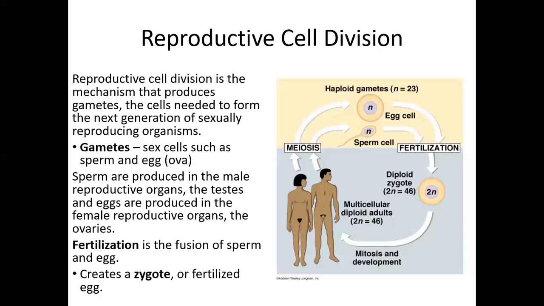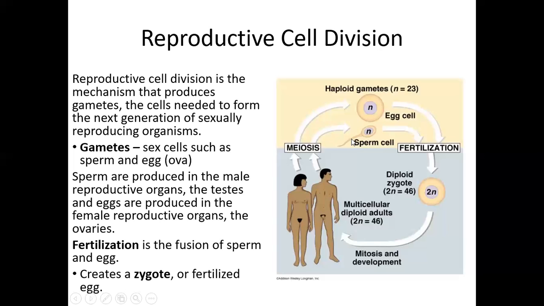Mitosis, and this was all the way at the beginning of the semester when we talked about cells, involves prophase, metaphase, anaphase, telophase, where one cell can split and become two cells, and then two cells can eventually become, what we are here as full-fledged adults, capable of going through what's called meiosis. Now, meiosis is just a fancier term for reproductive cell division, where we produce those egg and sperm cells.